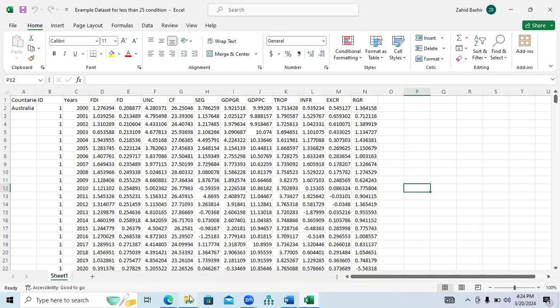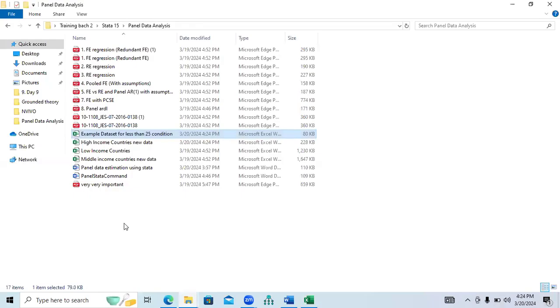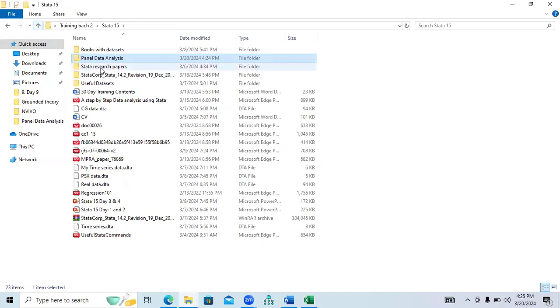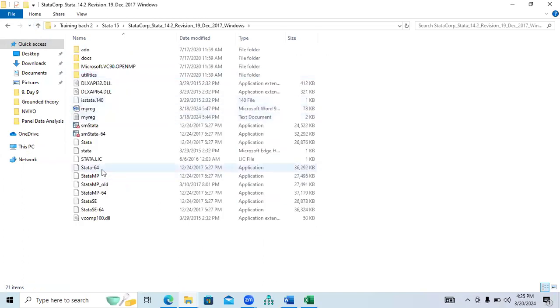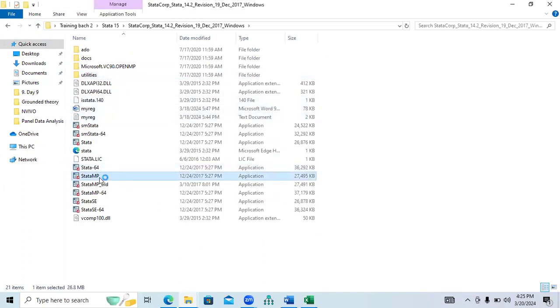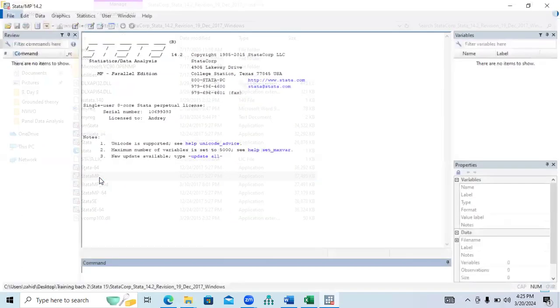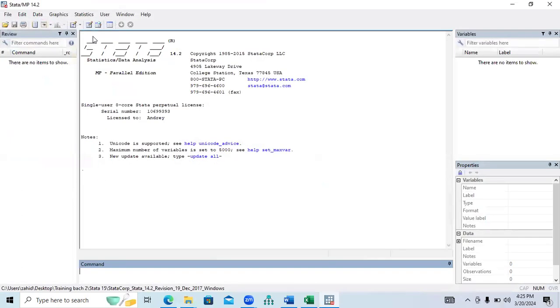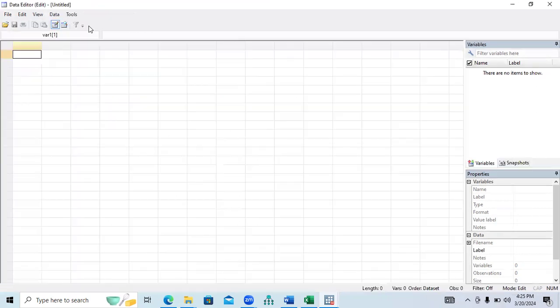Let me open the Stata file from here. All right. So for our first instance, we are going to use this data set. Let me open the data editor, because here we need to copy this data set.